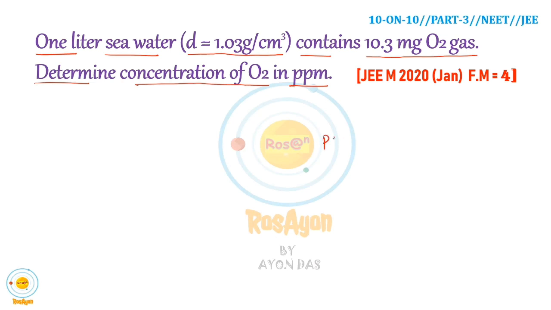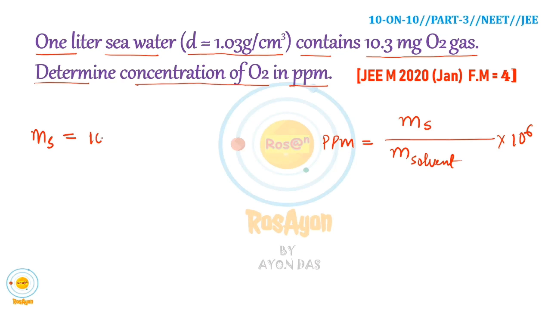Now you know ppm is equal to mass of solute divided by mass of solvent into 10 to the power 6. Now the mass of solute is given, that is oxygen, equal to 10.3 milligram. If you convert it into gram, that is 10.3 into 10 to the power minus 3 gram.